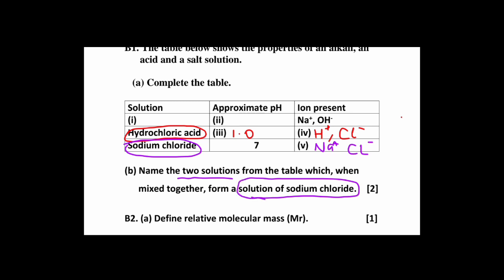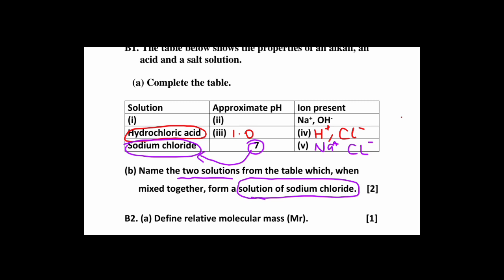Now look at the table. When you look at sodium chloride, it is having the pH of 7, meaning this is actually a neutral salt, a normal salt. And we prepare sodium chloride by titration, and the reaction is known as neutralization.